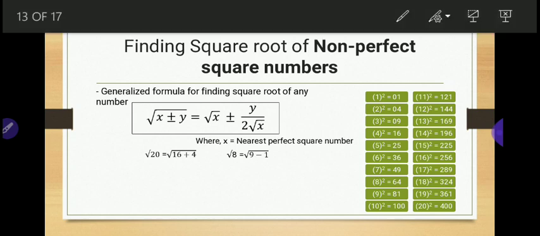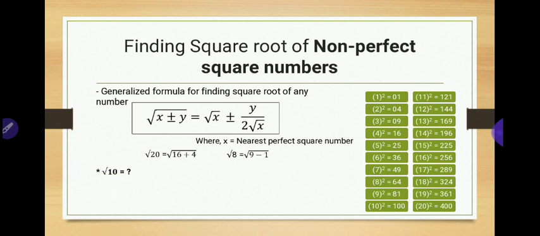Let us start with the first example: suppose you want to find the square root of 10. You write it as square root of 9 plus 1, where 9 is x and y is 1.